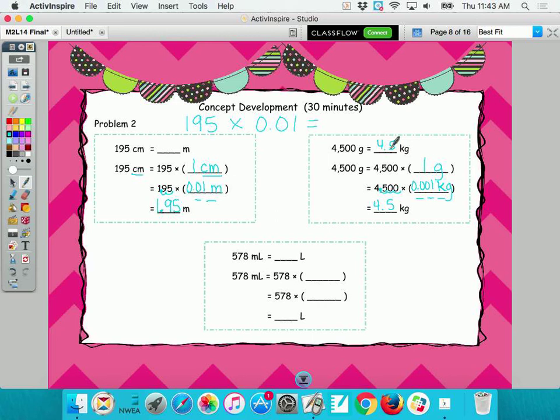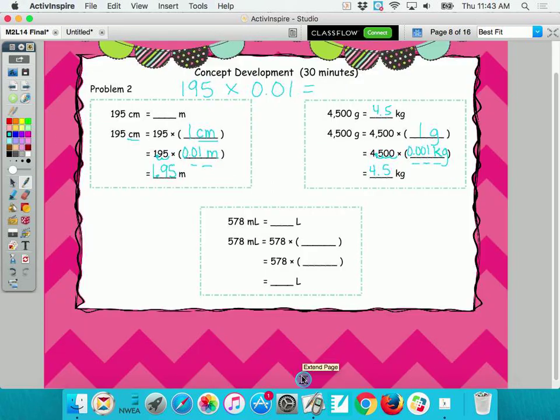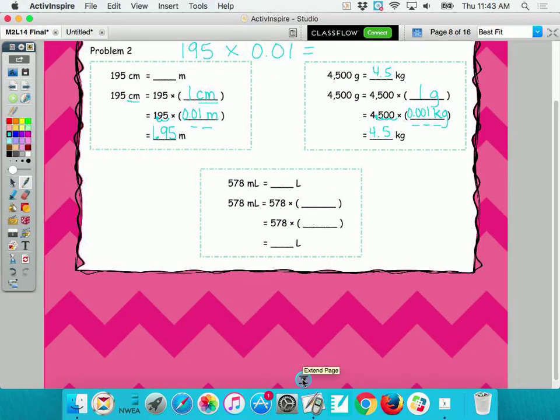Okay, let's take a look at this one. This is the liters and milliliters, like I was just talking about. So I've got 578 milliliters. Ella, tell me what it is. 578 copies of what? 1 milliliter. Remember, keep your labels the same. By the way, this is sort of like an algorithm, isn't it?